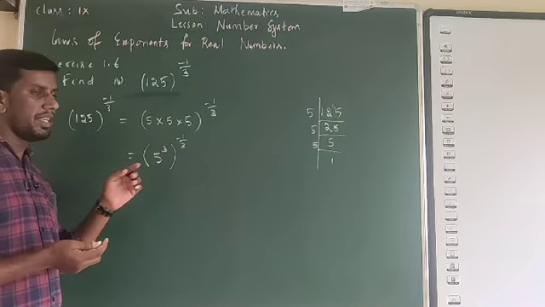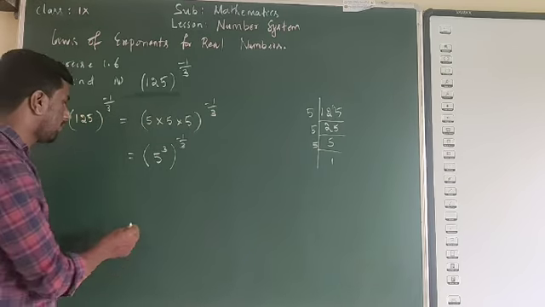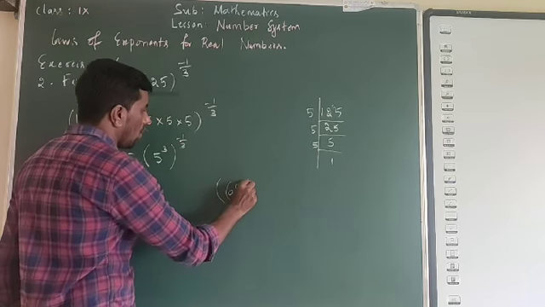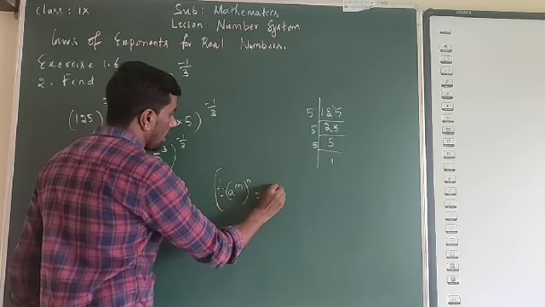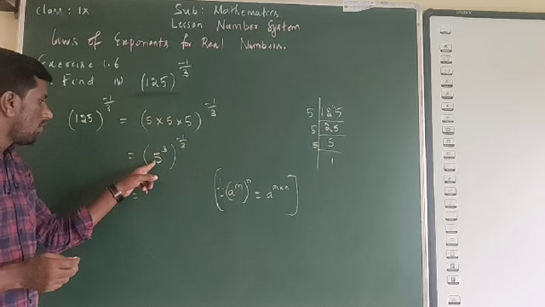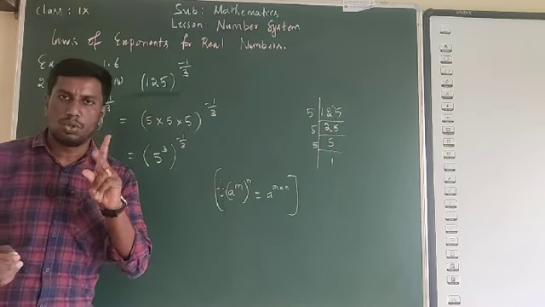Now we need to apply the law of exponents. Which law are we going to apply? That is, a to the power of m whole to the power of n is equal to a to the power of m into n. This law we need to apply because 5 is the base, and 3 and minus 1 by 3 are the two powers.